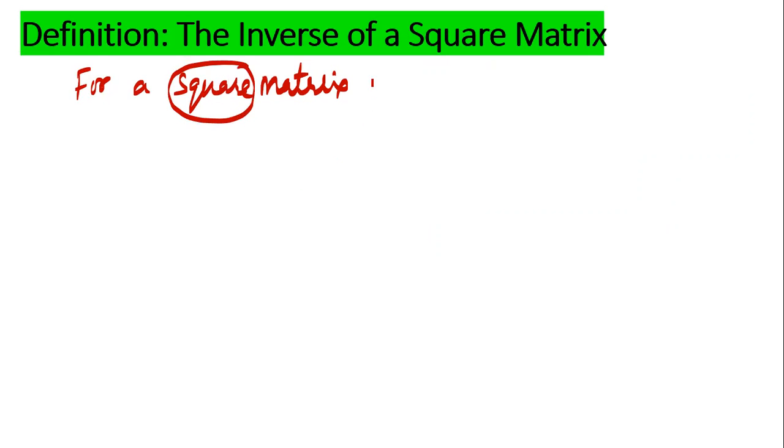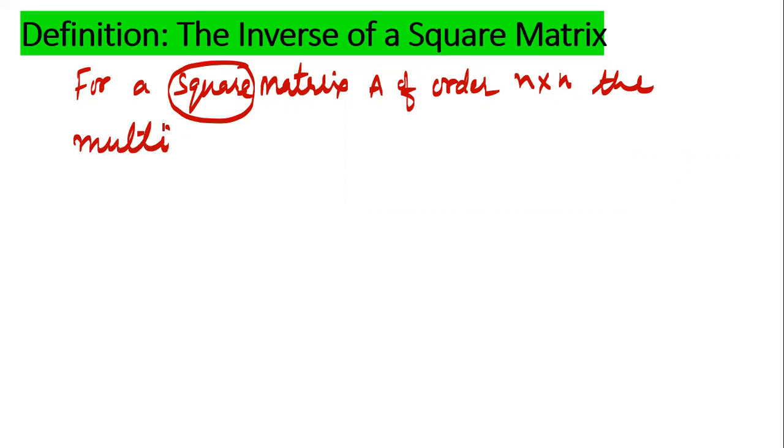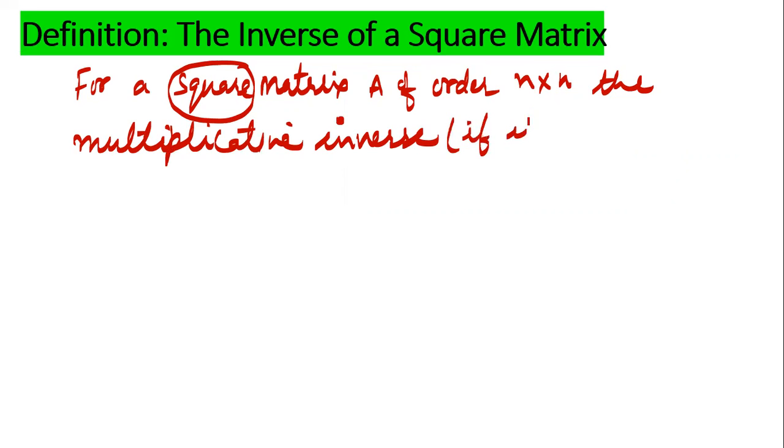For a square matrix A of order n by n, the multiplicative inverse, if it exists, this is mandatory.